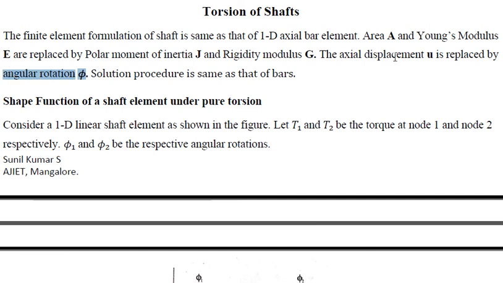So in place of area A, we substitute polar moment of inertia J. In place of Young's modulus E, we substitute rigidity modulus G. In place of displacement U, we substitute angular rotation phi. Phi is the angular rotation, you know.